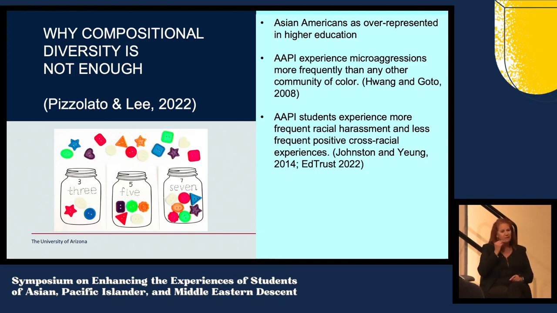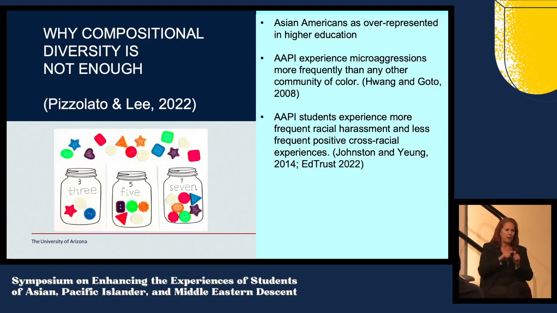And so when we just look at enrollment counts, oftentimes that's the marker of having a really diverse campus and we're doing really great. And then since there's so many of this group, let's not pay attention. Let's focus on this other group where we have too few. And again, the limitation of that is that we don't look at those experiences because then we assume they're all doing fine because they're here and they graduate.